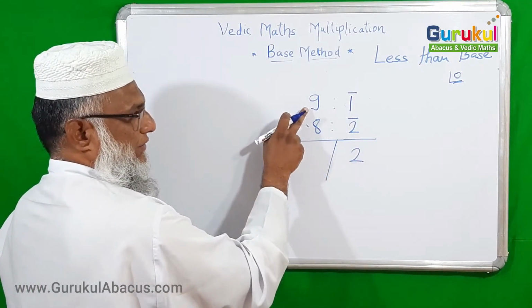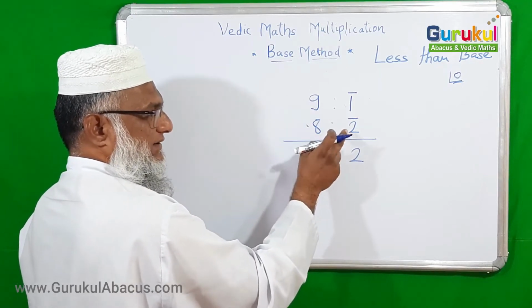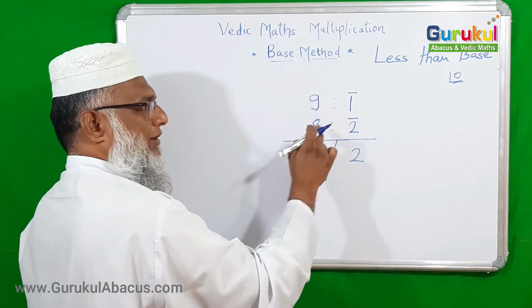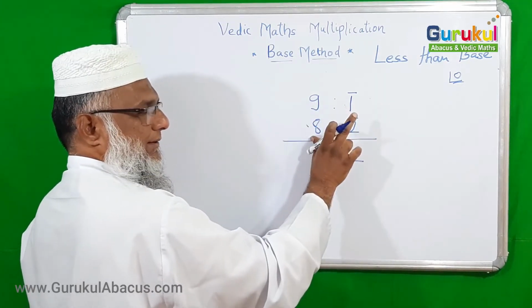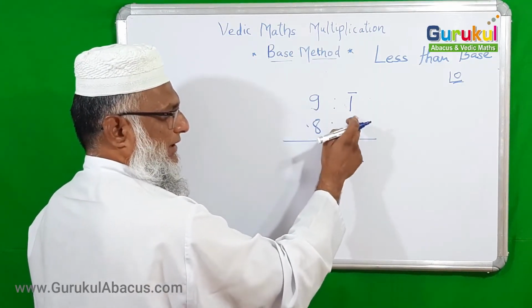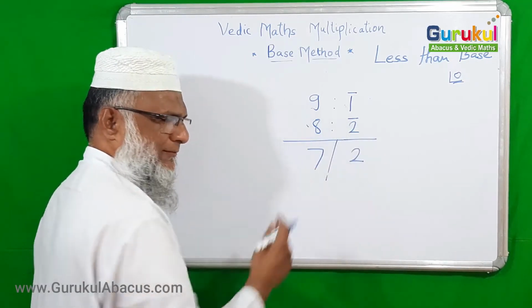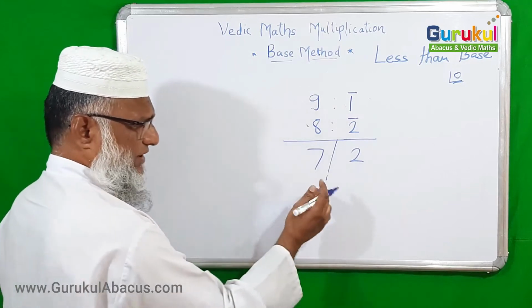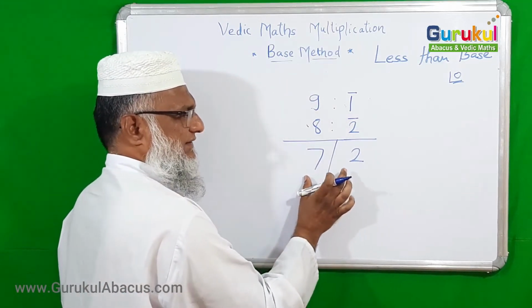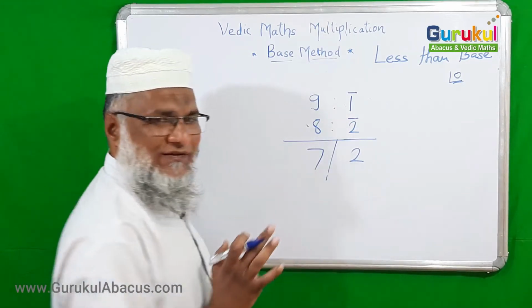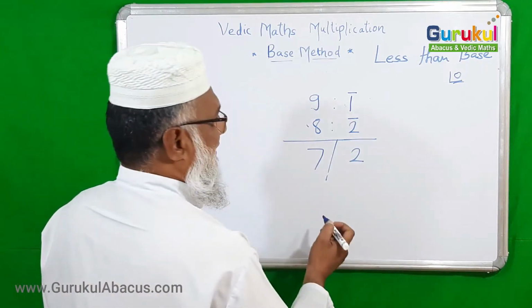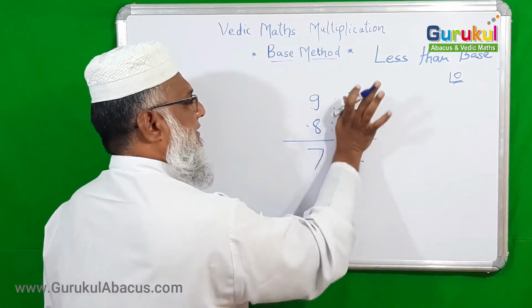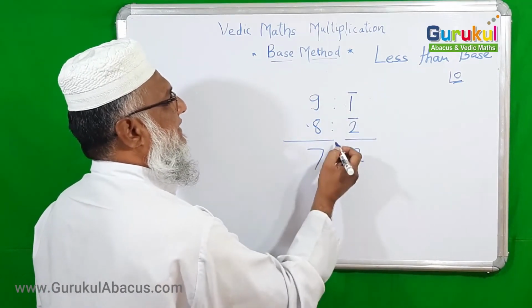Now you have to subtract this side's 2 from 9, or this side's 1 from 8. We can do 9 minus 2 is 7. By solving some more examples, you will understand everything easily. Here we got the answer 7 and 2, that is 72.